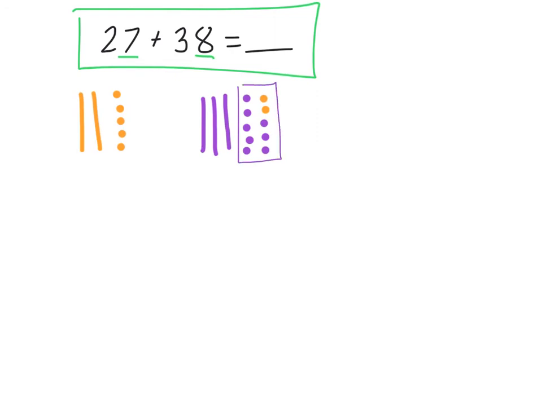So now let's look at what our new addends will be. So 27 has now become 10, 20, 21, 22, 23, 24, 25. And 38 has now become 10, 20, 30, 40.